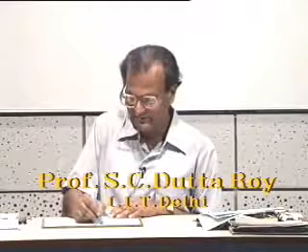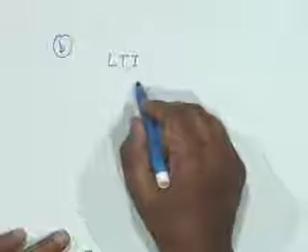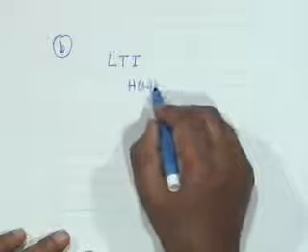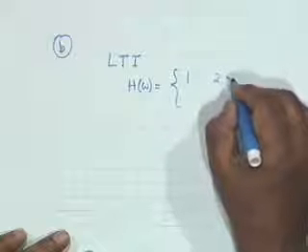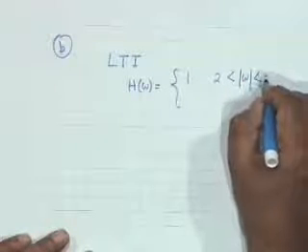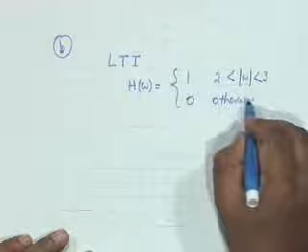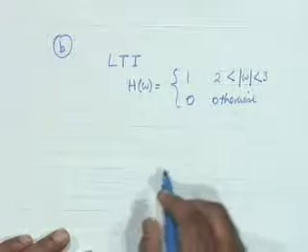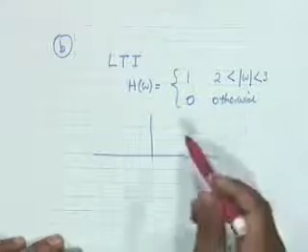Now, we are going to more complicated problems. We have a linear time invariant system, part B, an LTI system whose frequency response is of this form. It is 1 for 2 less than mod omega less than 3 and 0 otherwise. Which means that if I plot it, it looks like this.